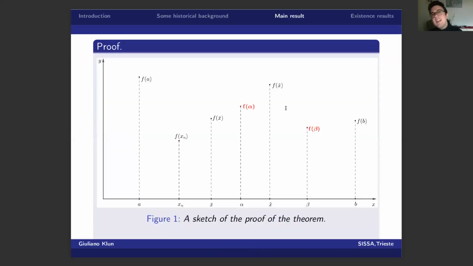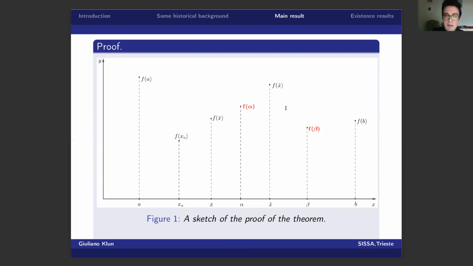Let me give an idea of the proof of this theorem by a picture, because the proof is not very difficult. Consider the function f on the interval [a,b], and consider the infimum of f over the entire interval [a,b].